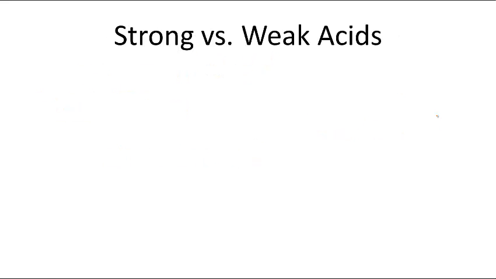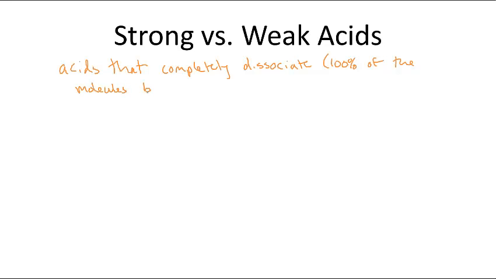So, strong versus weak acids. Acids that we say completely dissociate, and dissociate means 100% of the molecules break into H plus and an anion, are called strong acids.